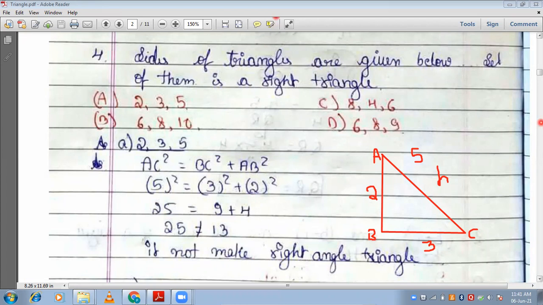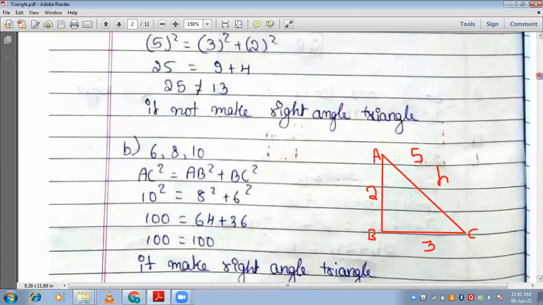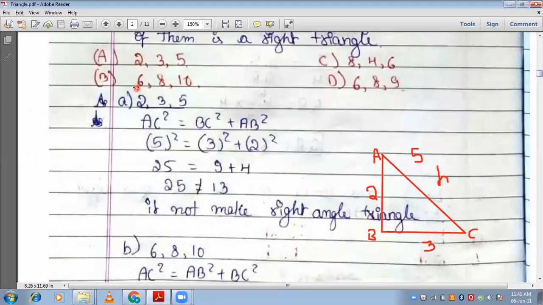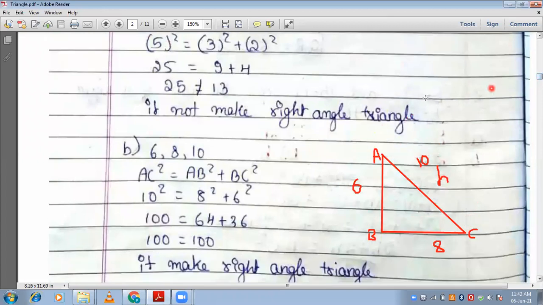Similarly, I will pick the second option: 6, 8, 10. The hypotenuse side is 10. The other ones are 6 and 8. Now prove AC square is equal to AB square plus BC square.